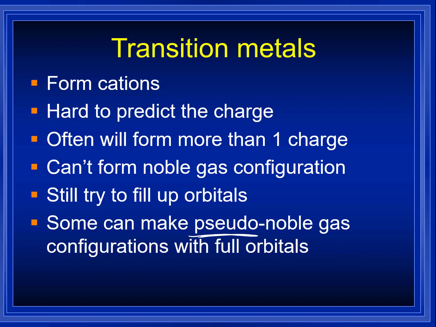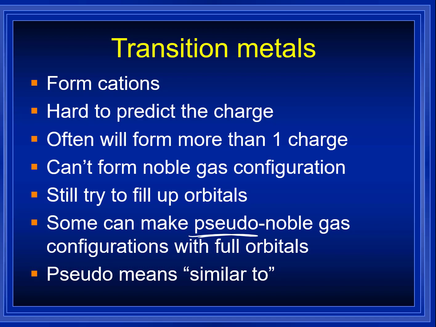This is like a noble gas, and it's like a noble gas in that it has full orbitals. Because that's why noble gases are stable, is because all their orbitals are full. Again, pseudo means similar to or like, although in other places it normally has a negative connotation.